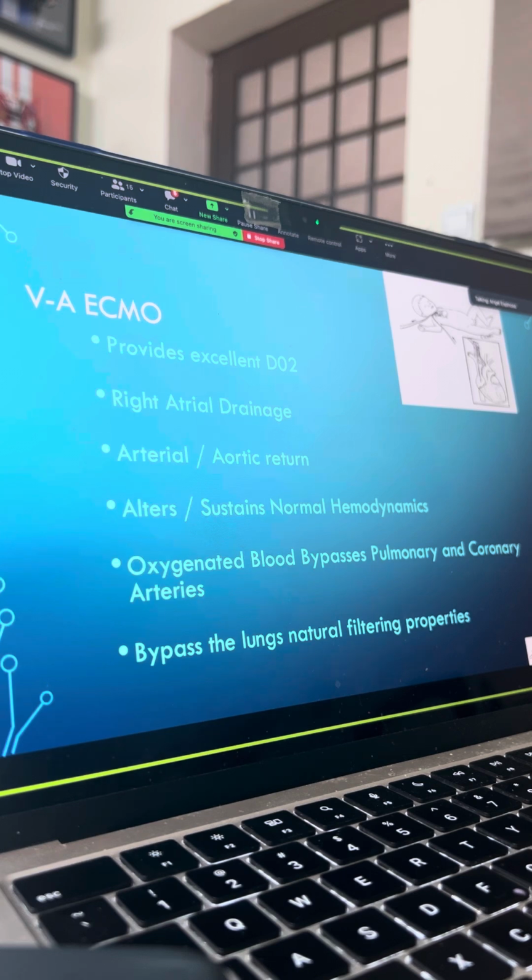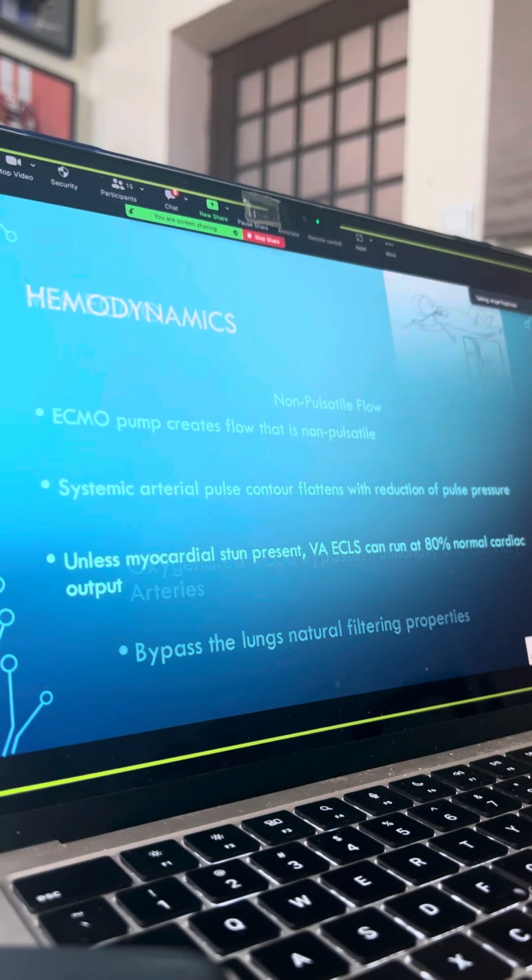The oxygenated blood is bypassing the pulmonary and the coronary arteries. And at the same time, this machine is bypassing the lungs' natural filtering properties. That's why the bubble traps are so important in the circuit of the VA ECMO.